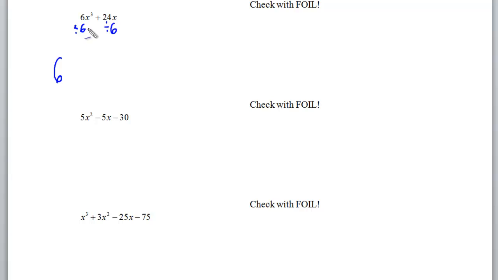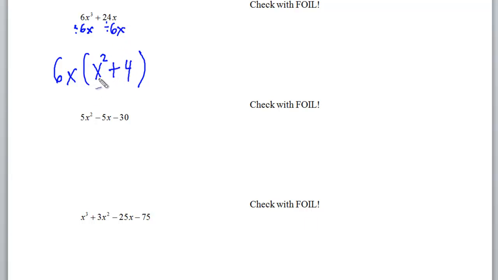The answer is yes, because I can divide out an x from each of these, so the x gets pulled out in front, which leaves inside my parenthesis 6 divided by 6 is 1, x cubed divided by x is x squared. 24 divided by 6 is going to be 4. And I've got x divided by x, which is just no x's.